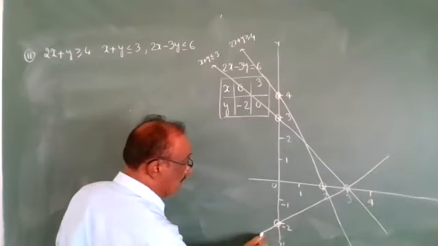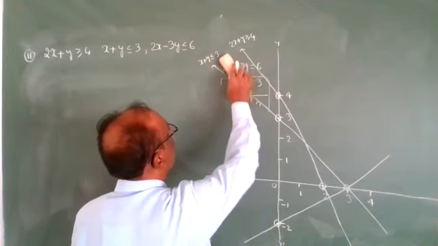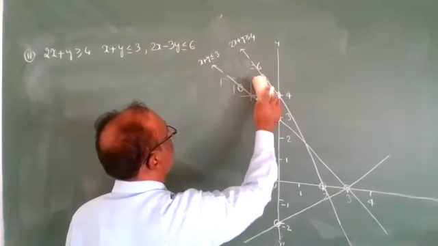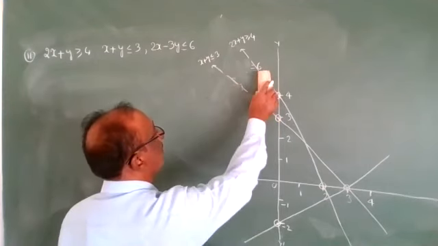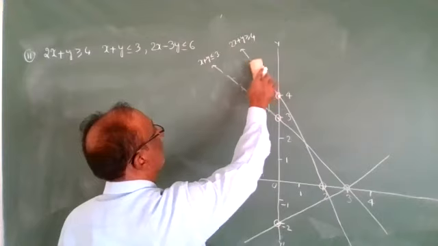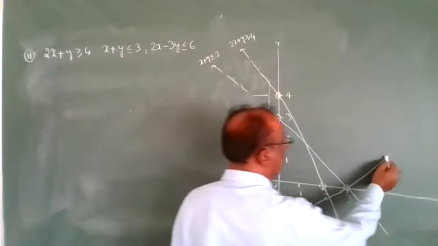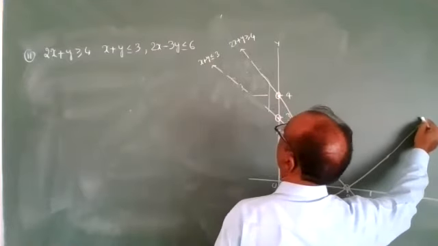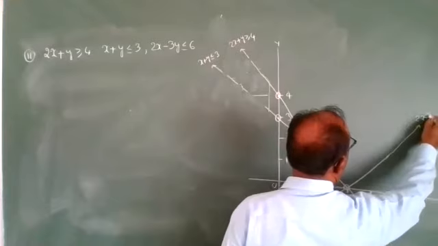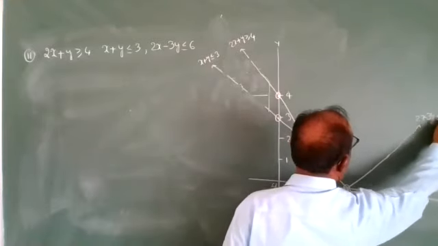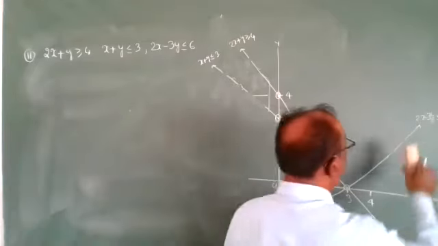This table is also completed. The 3 tables are completed. This equation is 2x minus 3y less than or equal to 6.